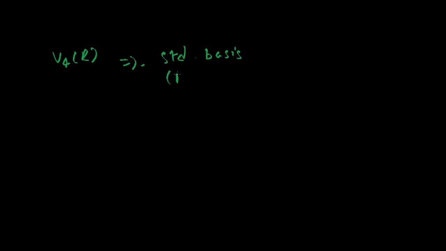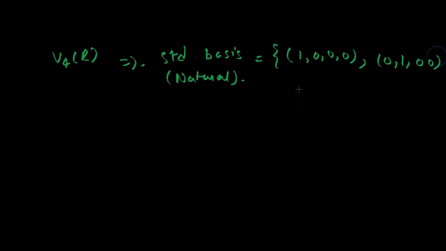It is also known as the natural basis. And the standard basis will be 1 followed by three zeros, then 0, 1, then two zeros, then 0, 0, 1, 0, and 0, 0, 0, 1.